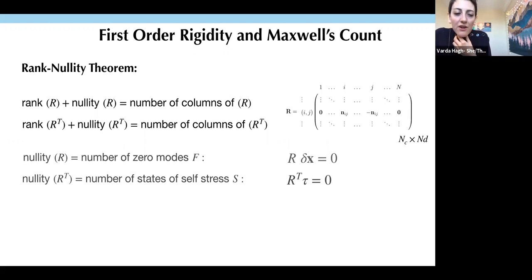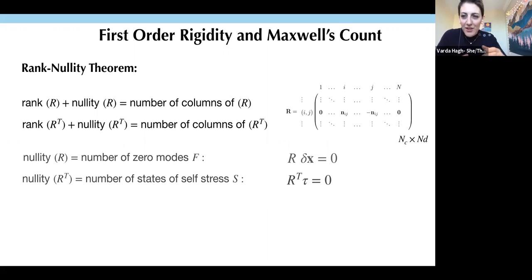Now, nullity of R transpose is the number of states of self-stress, because again, R transpose tau is equal to the nodal forces. So if we want to see what kind of tensions we can put on the bonds without having any resultant force on the particles, we can write the equation R transpose tau equals 0, and all the taus that satisfy this equation are what we call states of self-stress.